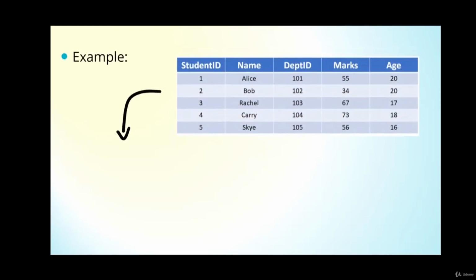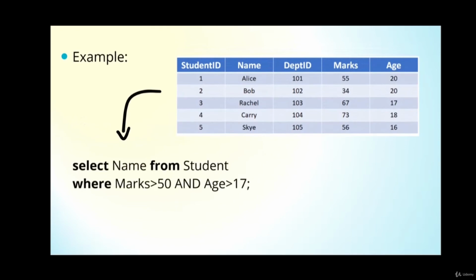For example, from this table, if we want to find the names of those students who have marks greater than 50 and age greater than 17, then in order to display the output, the students should have both marks greater than 50 and age greater than 17. If only one condition is true, the output will not be displayed. Both conditions should be true. In this case, only Alice and Carrie have marks greater than 50 and age greater than 17, so their names are displayed.